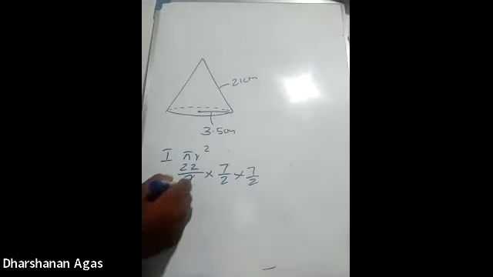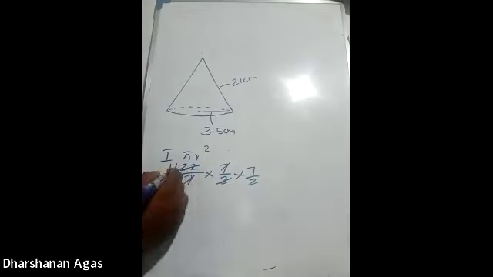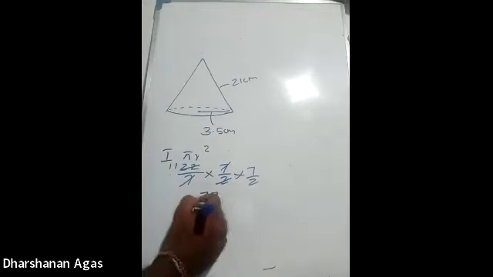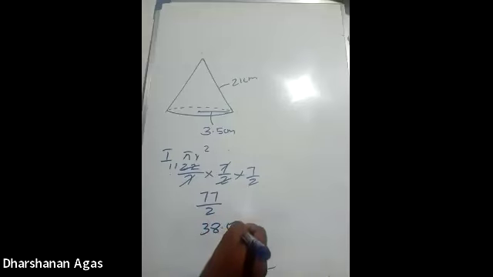Now you can simplify the 7 and 7, and 22 by 2 gives 11. 11 into 7, 77 over 2, that is 38.5 square centimeter.